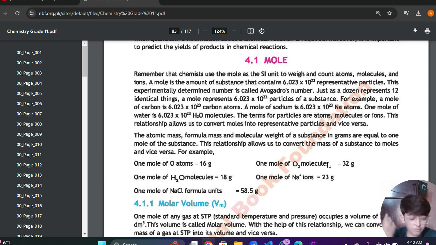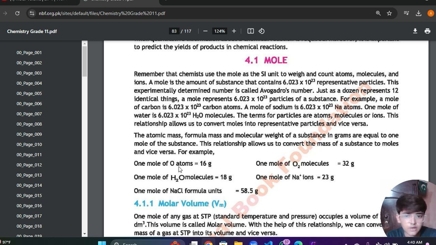Now, vice versa means opposite of the sentence that we just spoke right now. For example, 1 mole of oxygen atoms is equal to 16 gram, right? What if I double it? What if it is O2 or O3 or O4? I will simply add 16 plus 16 plus 16, and whatever the number on it is, we will just try to add the similar amount of number in that, right?